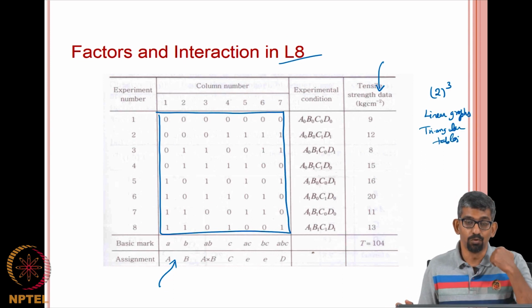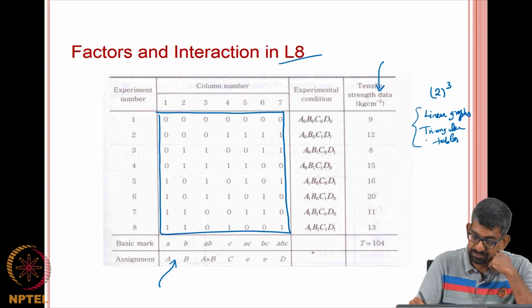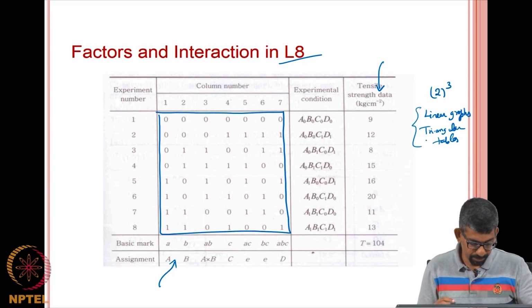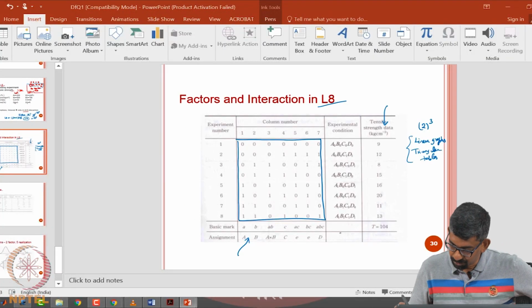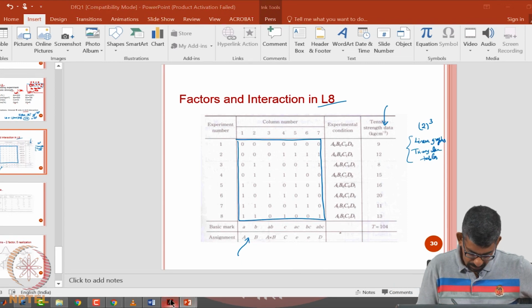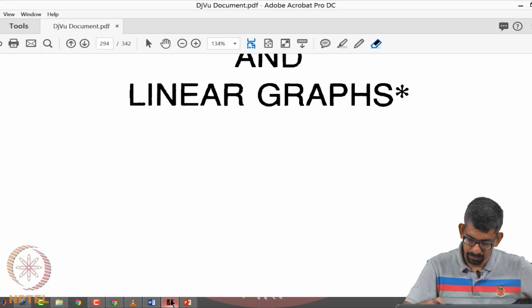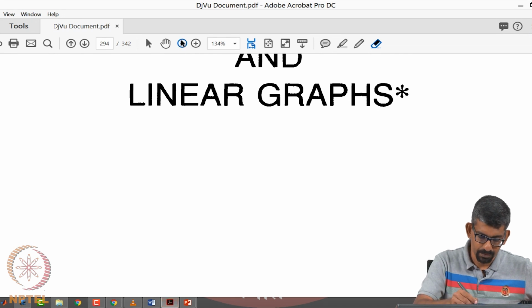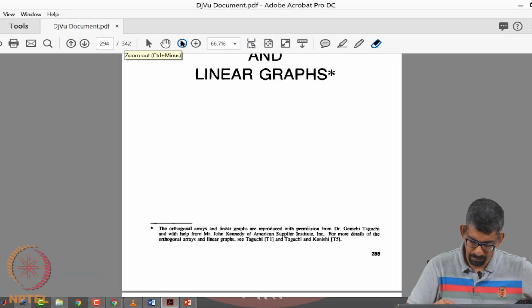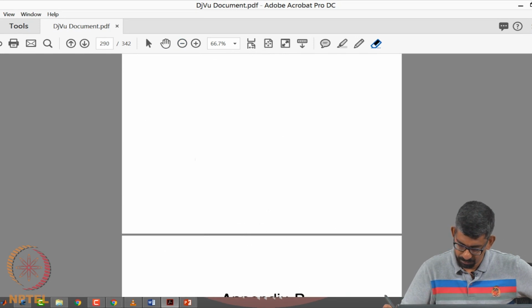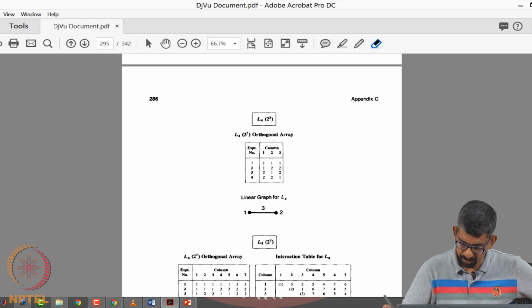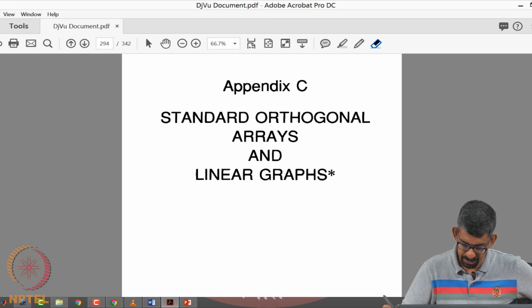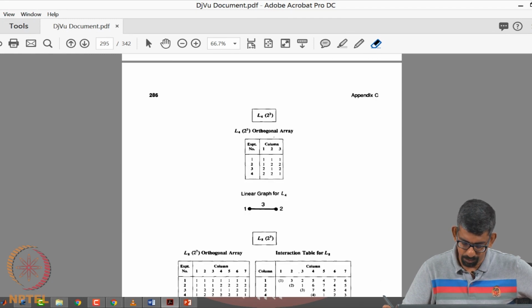So, where do I go and get this L8 and these linear graphs and triangular tables? People have already done this kind of work, but what you just need to do is this: go to the back of any book that we have prescribed, so this is Phadke's book on robust design.